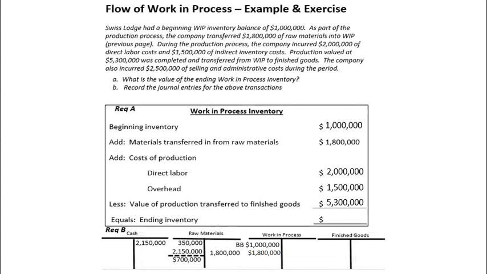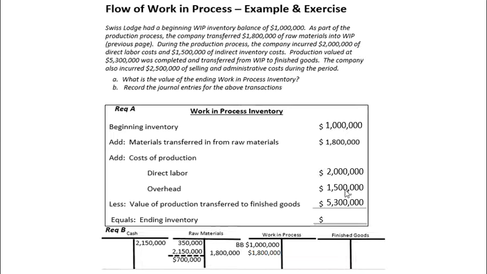So now our inventory formula is complete for calculating the ending inventory for work in process. It's $1 million plus $1.8 million, $2 million of direct labor, and $1.5 million worth of overhead.